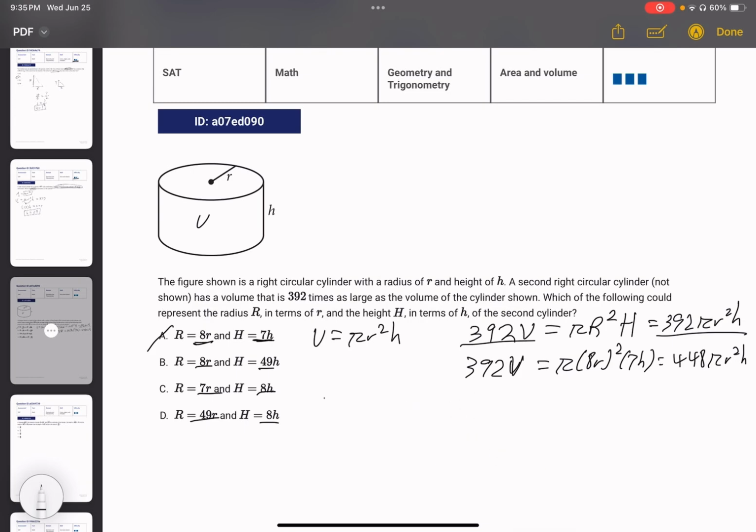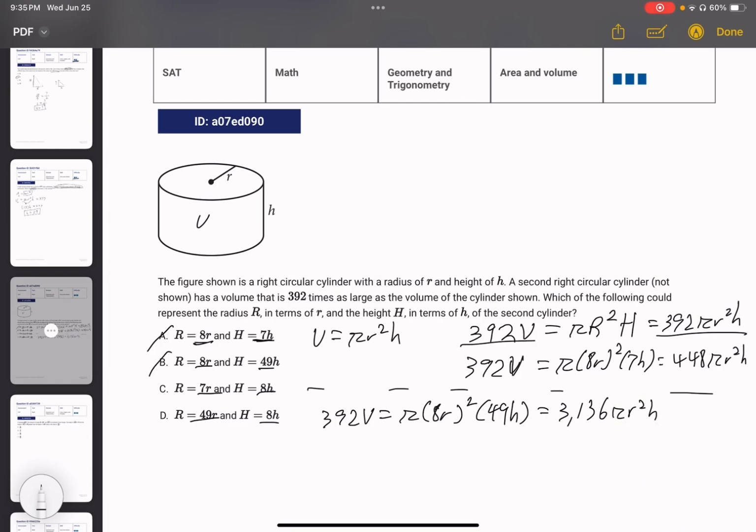Now we're going to try again down here. So we know 392V is equal to pi times 8r squared times 49h, so 64 times 49 is going to give us 3,136 pi r squared h, which is way off.